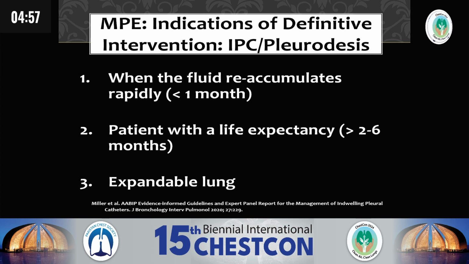In other parts of the world, we consider talc pleurodesis or chemical pleurodesis. IPCs have become default procedures in some of the centers across the globe, but unfortunately, they are not easily accessible in our country. They are very costly, and the rate of infection, the empyemas, is very high.